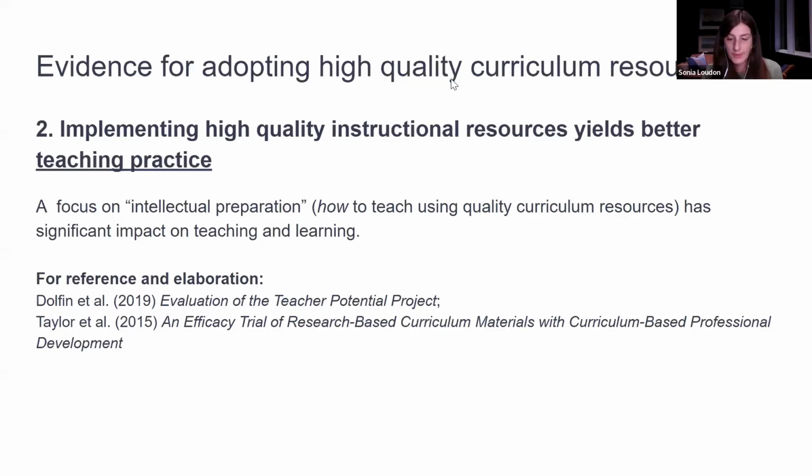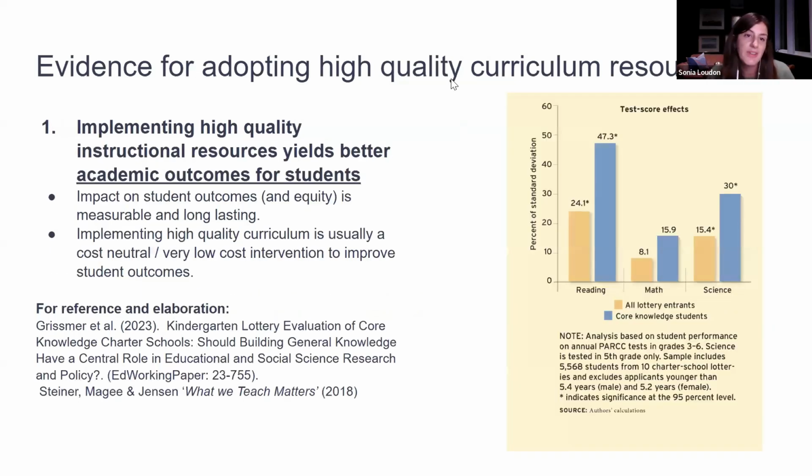I want to take you through two really important pieces of evidence that changed my mind about the value of pre-prepared resources and why it's so important to use them. So the first piece of evidence for adopting high quality curriculum resources is that they actually yield better outcomes for students.